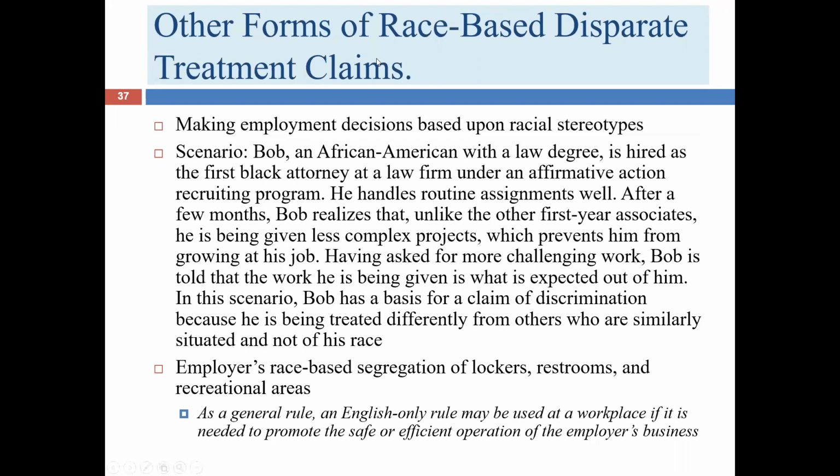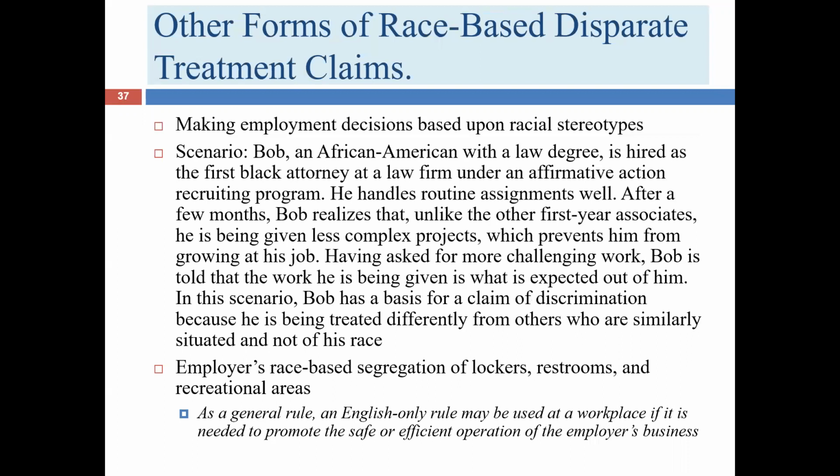In this situation, you might say, well, Bob hasn't lost any income. They don't seem to be upset with his work. Well, that may be true, but since Bob isn't having the opportunities to progress, when it comes time for the law firm to decide who to make partner, Bob won't have had the professional experiences that will put him in a position to be somebody who could make partner.